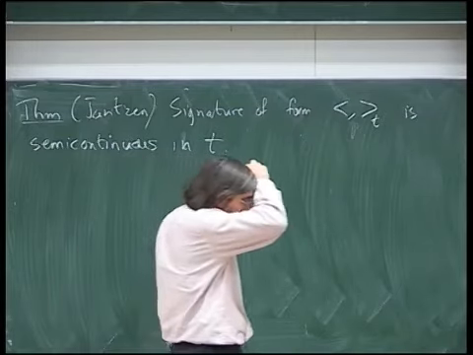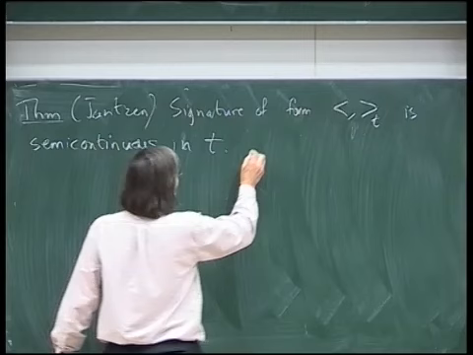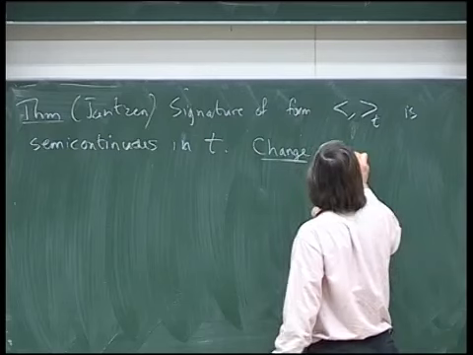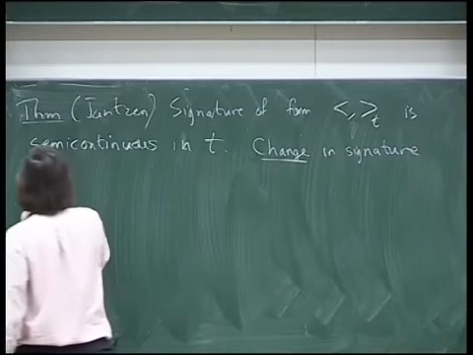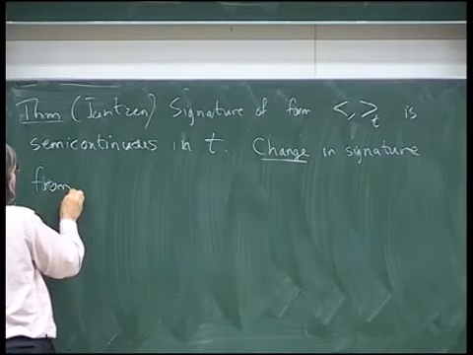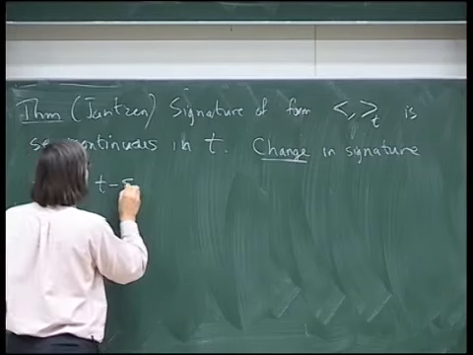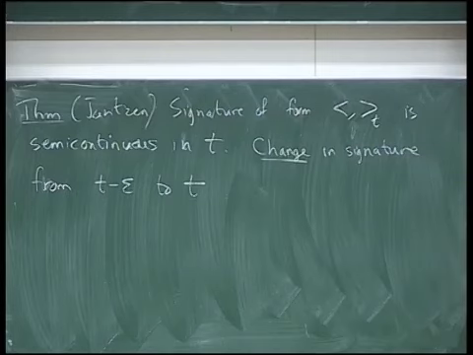What happens is the change in the signature from T minus epsilon to T. I mean, it can happen, for example, at T equals 1, that there's a change when you go from 1 minus epsilon to 1.